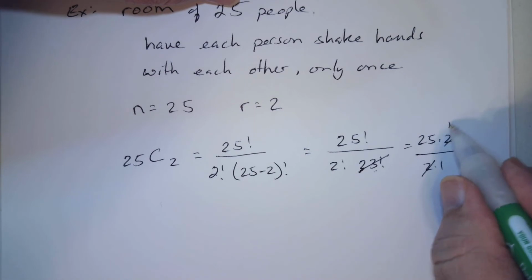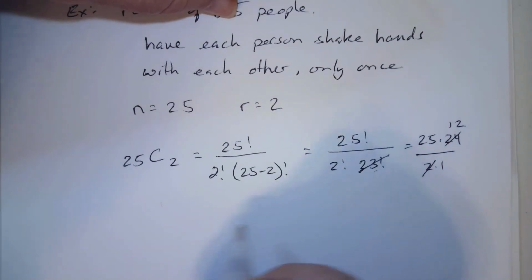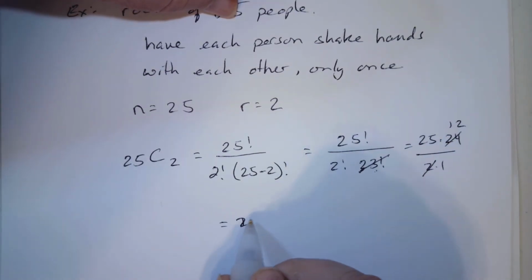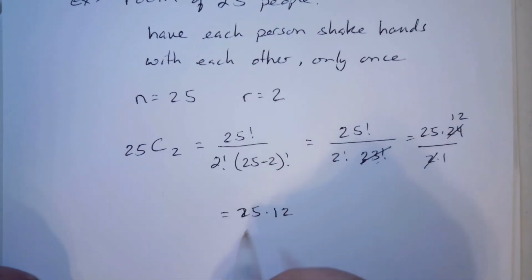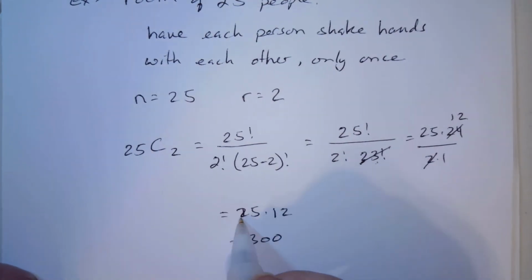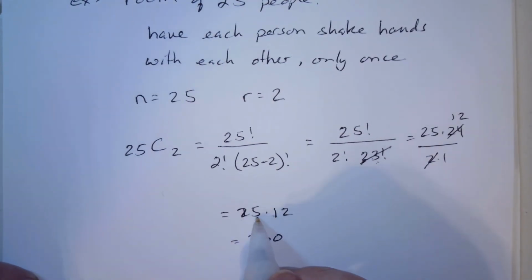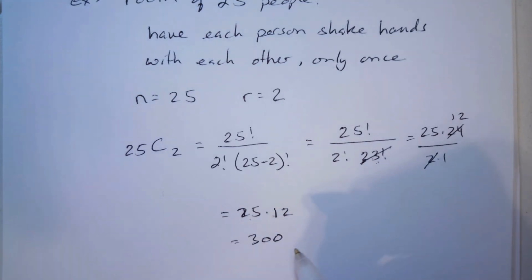Half of 24 is 12. So 25 times 12 is 300. 25 times 10 is 250, 2 times 25 is 50, and 250 plus 50 is 300. All right.